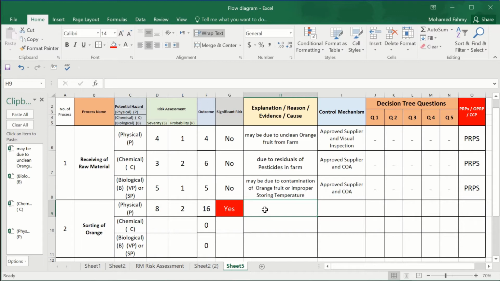Why the sorting of orange? Maybe the receiving of orange step is not sufficient.